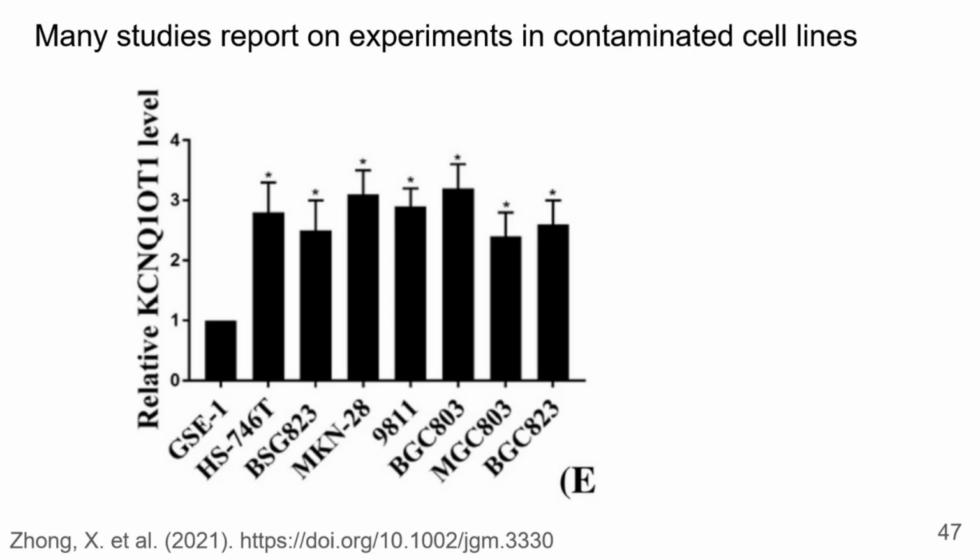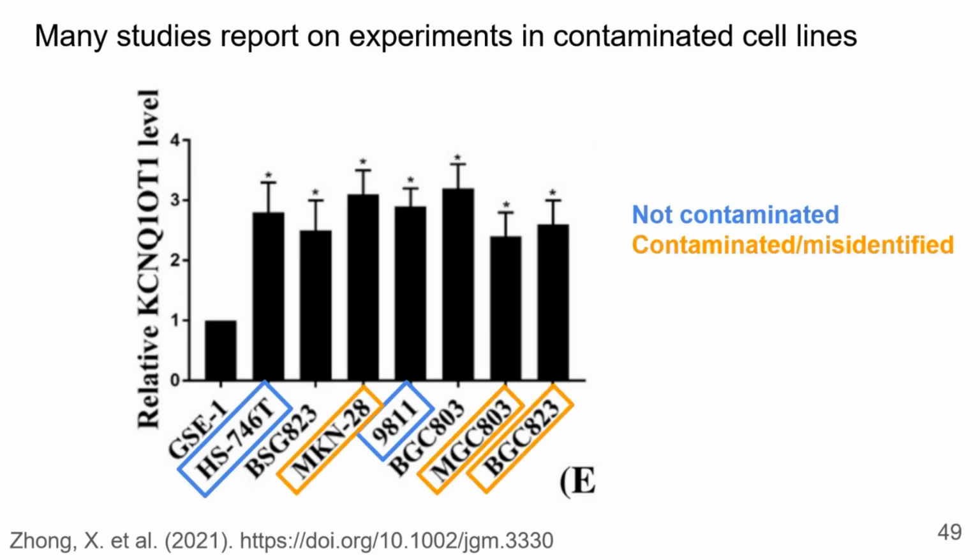So across these 8 cell lines that they have here, there are 2 that are not known to be contaminated that probably accurately represent the condition that they're claimed to represent. And then there's another 3 here that have been contaminated, and in this case, they no longer represent gastric cancer cell lines. So here they're just assaying something completely different than they were assaying before.